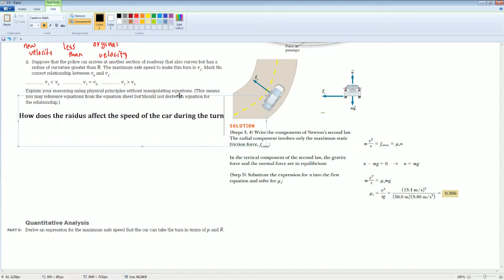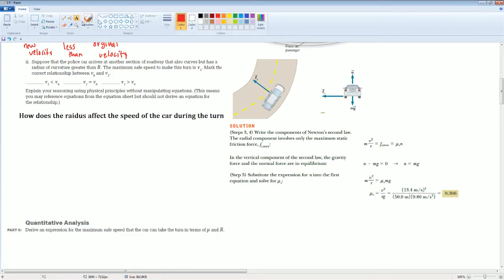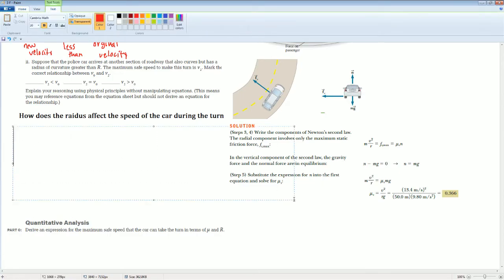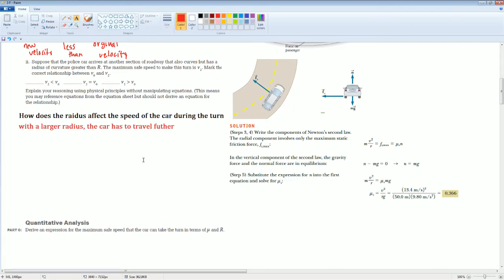So with a larger radius, the car has to travel further, because it has to travel further. This should make sense, this should make sense mathematically. Let me write it right here.